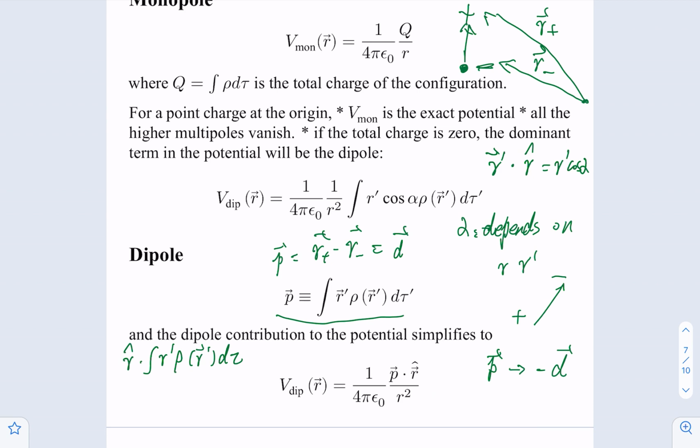What I mean by point dipole is that here we can have two point charges that are separated by a separation vector, say d, and a point dipole really is keeping this dipole moment the same, but the separation distance goes to 0. And for this perfect point dipole, this dipole potential is exact.